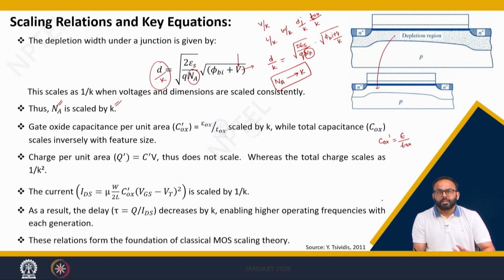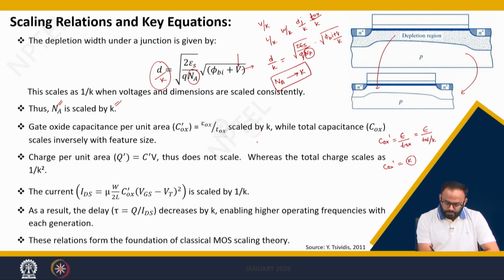As we said that in constant field scaling, TOX will be scaled by 1 by k. So, epsilon divided by TOX by k. So, the oxide capacitance per unit area will be scaled by k. It will increase when you are going from long channel to short channel.